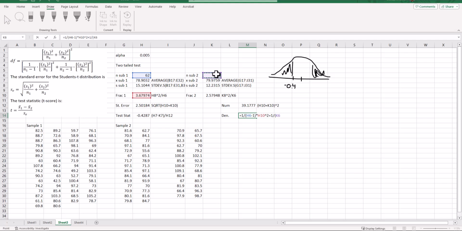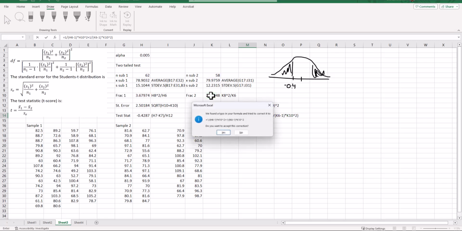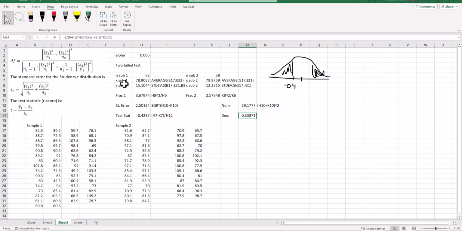So I had to start a grouping symbol there, and it is multiplied by our fancy fraction for the second one, and that is squared. Let's see, this times this squared plus 1 over this squared. Not sure what I forgot to close out, but that looks pretty good.